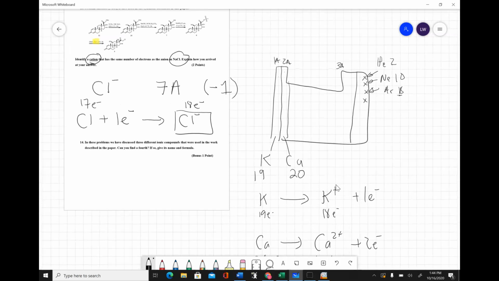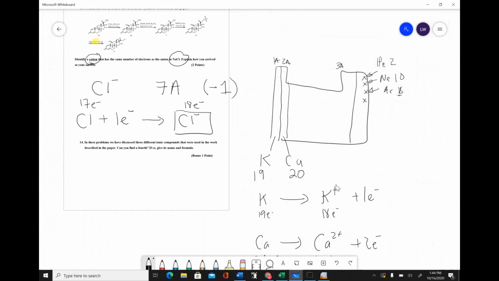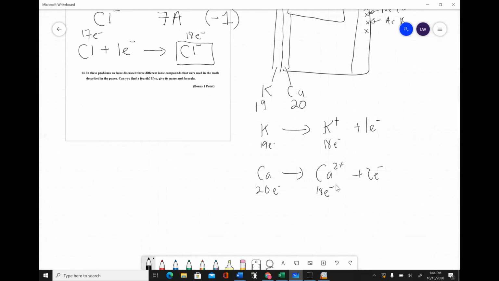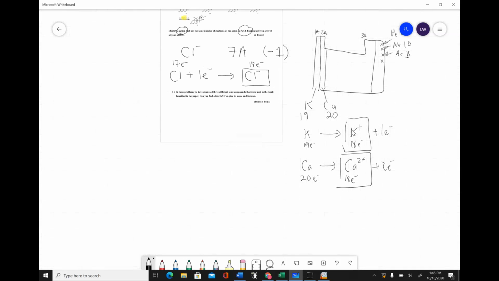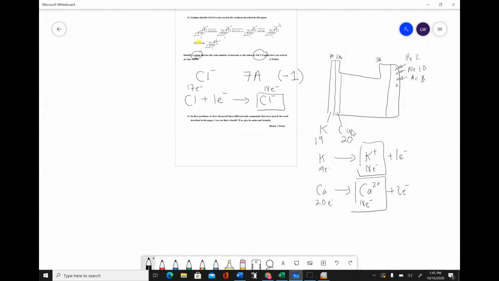So our question asked, identify a cation that has the same number of electrons as the anion in sodium chloride, and your options would be K+ or Ca2+. There aren't any other real options. If we went into the transition elements, we could imagine some, but then it gets kind of tricky, so it's unpredictable whether those would actually form or not.